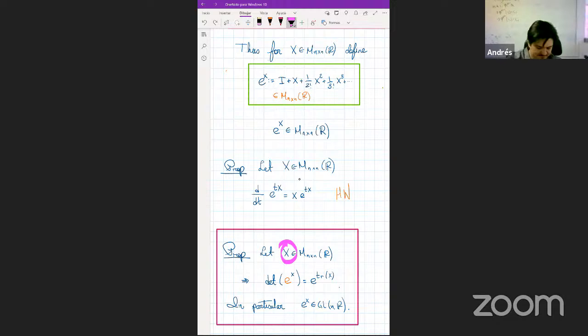Now, do you want to look at any other particular value of x, or should we move on to the proof? We move on? Yeah, let's move on.